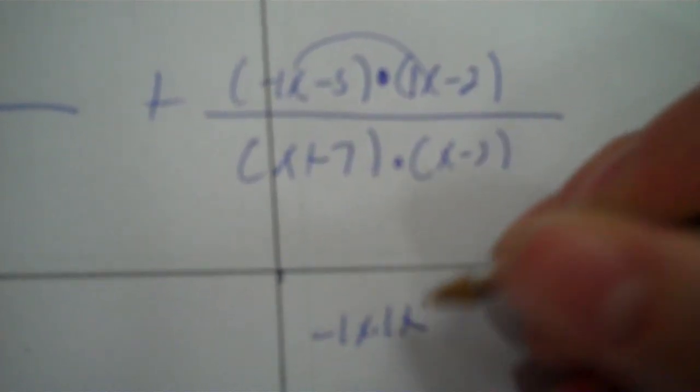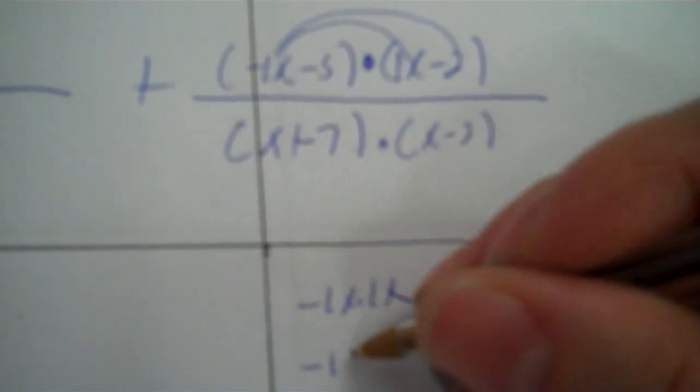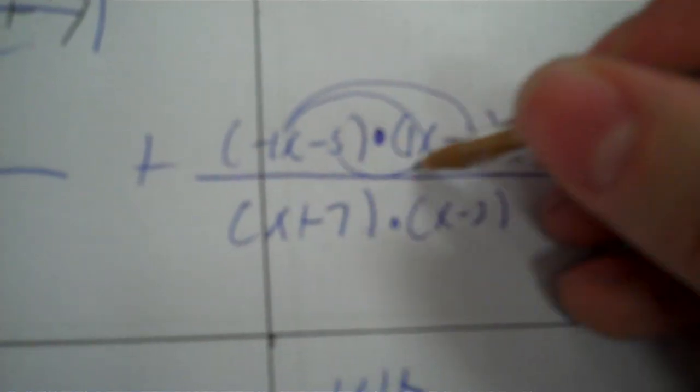Okay. So fraction 1, there's no multiplication, none. There's not a multiplication sign anywhere. So you just bring down x to the second minus 5. You don't need to multiply. But on the second one, we need to multiply. Okay, FOIL. And we'll show that work here. Negative 1x times 1x, negative 1x times negative 2, and negative 3 times 1x, negative 3 times negative 2.